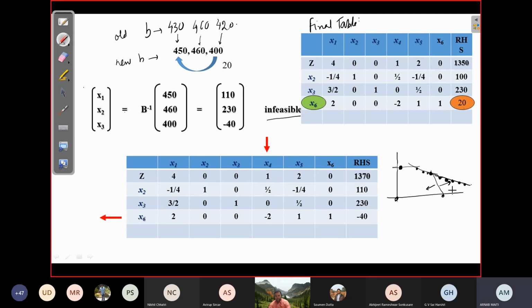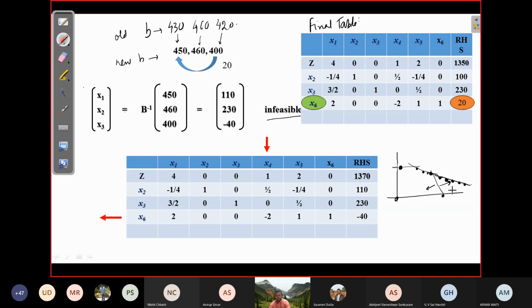Yes, sir. And when that will happen, how can you condition it that the current base remains optimal with the new small b? But mathematically, how can you put that condition that the current base remains optimal even with the changed small b?